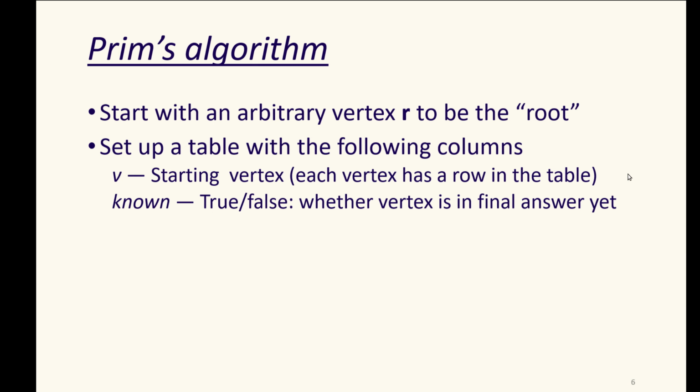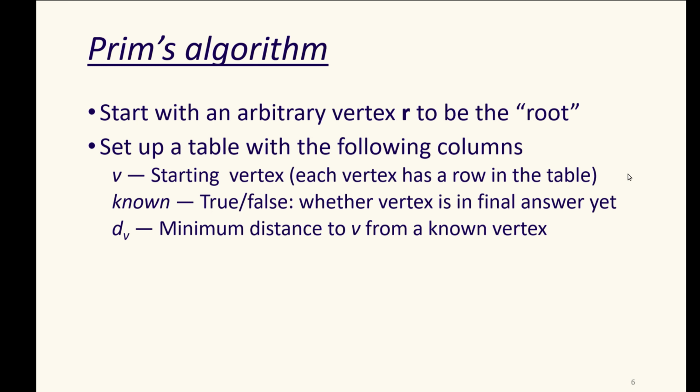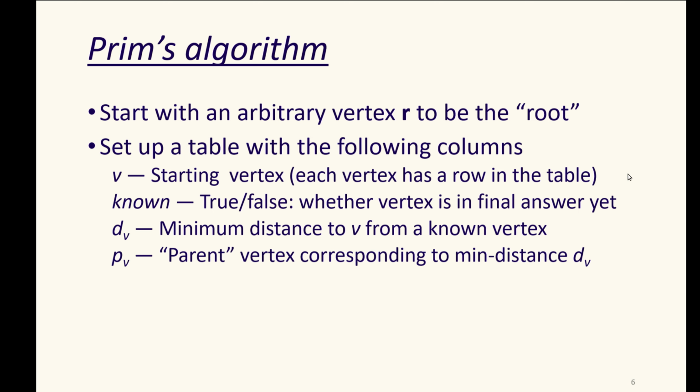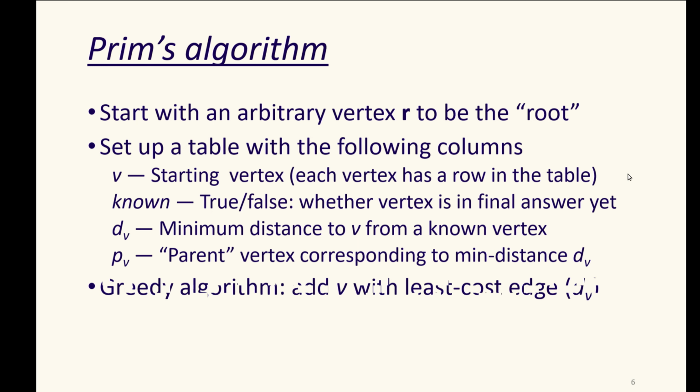It's not just having seen it once, but it requires a little more than that. And then D sub V, the minimum distance to V from a known vertex. And P sub V, the parent vertex that is on the path that has that minimum distance, D sub V, the parent vertex that corresponds to that minimum distance that we could connect to.